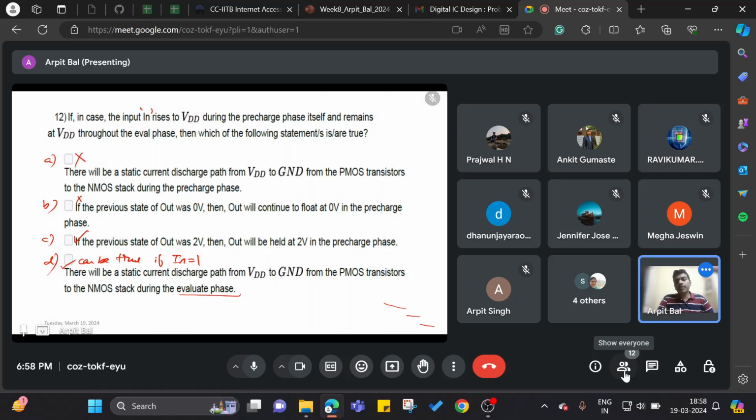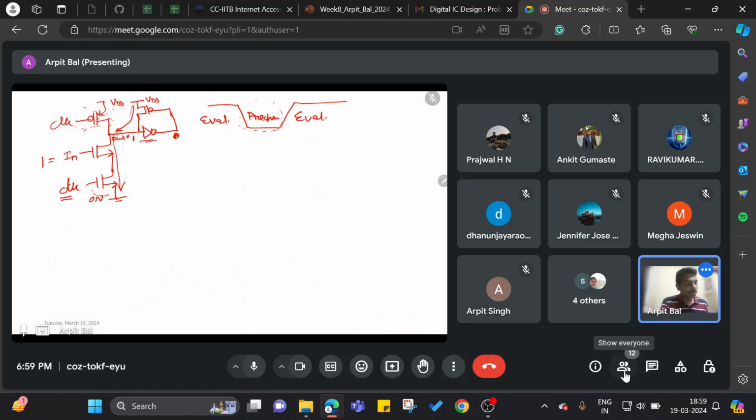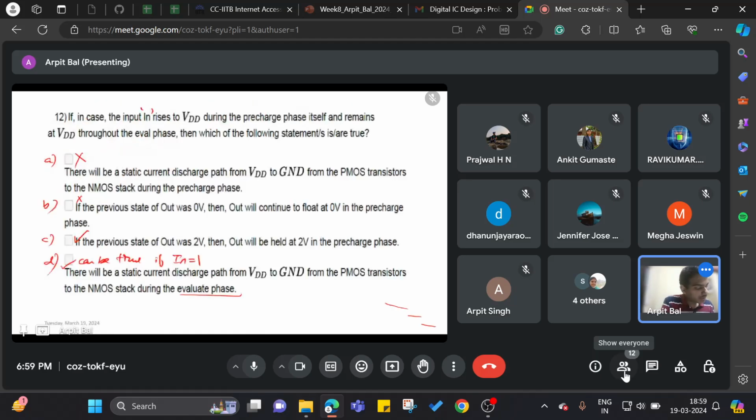Second, if there is a previous state, there will be no floating observed here in the pre-charge path because of the presence of this PMOS transistor. If the previous state of out was 2, then out will be held at 2 in the pre-charge phase as well.